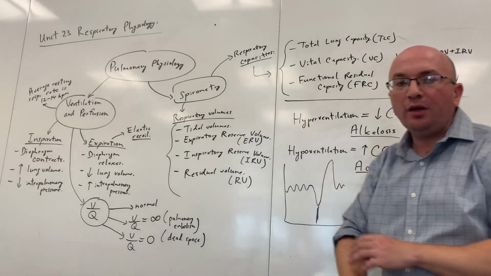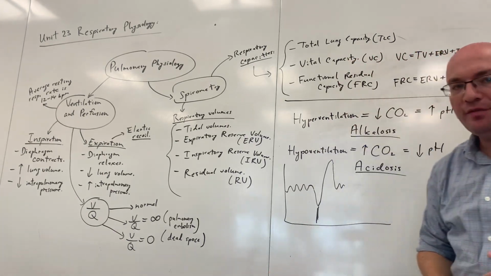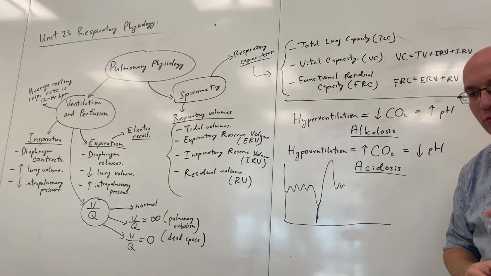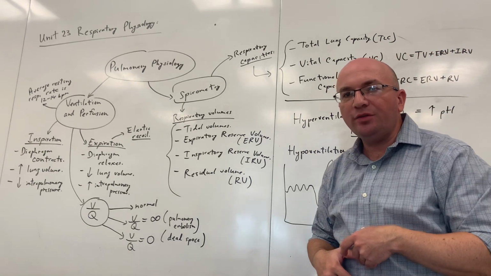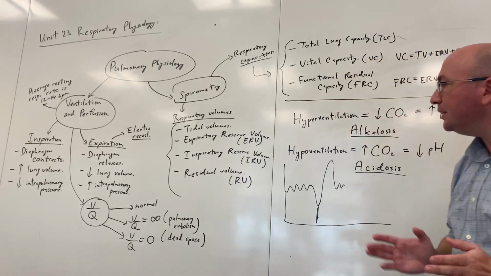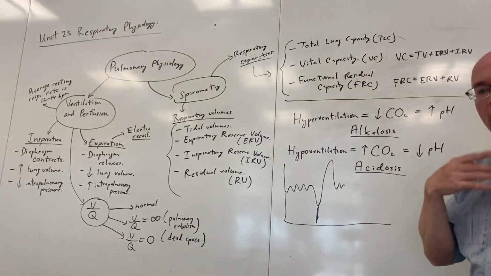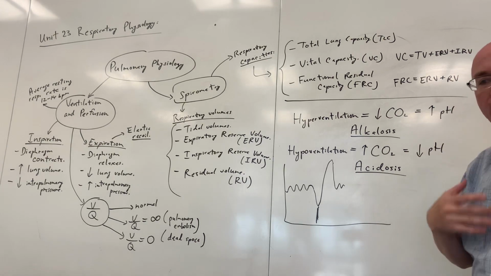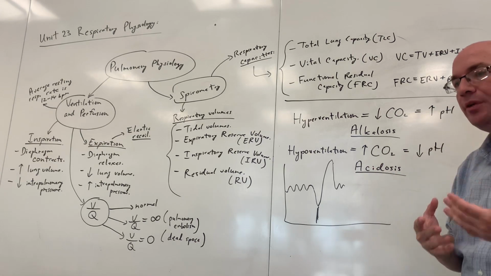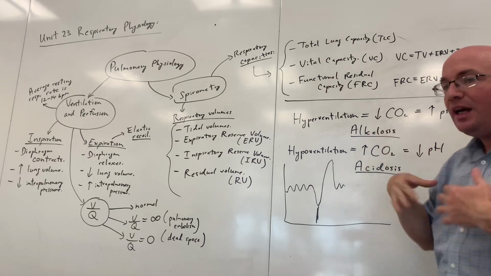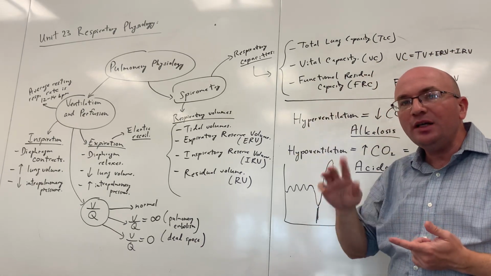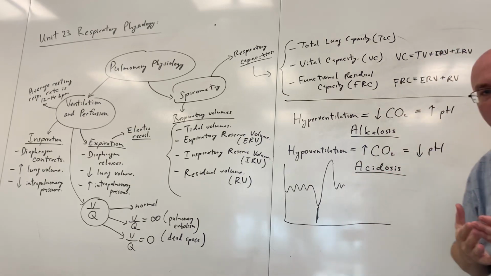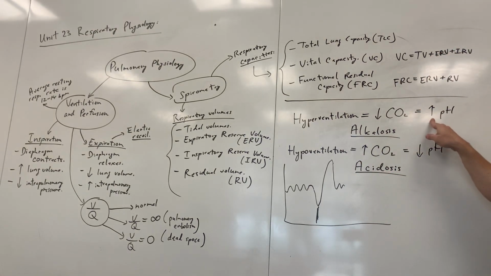Now let's take it one at a time. If a person is hyperventilating for whatever reason, whether due to some kind of medical abnormality, a state of exercise, or something else, what happens in terms of the chemistry? When you're breathing very fast, you're getting rid of carbon dioxide faster, right? You're losing carbon dioxide, so CO2 goes down. Remember, carbon dioxide is actually acid in the blood. So as I'm losing acid, what am I doing to pH? I am increasing the pH, making it more alkaline, right?